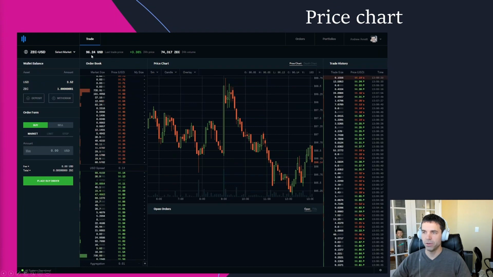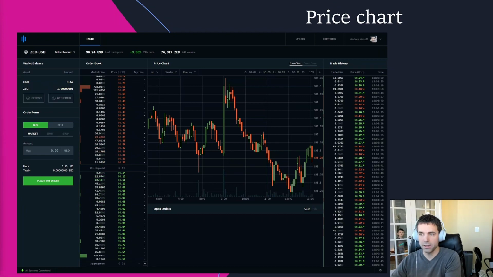So although the last trade was 96.24, the lowest offer to sell is at the moment 96.26. So it's a couple cents more than the last trade. So let's say if you want to buy, you could buy up to 51 shares in one of these frames for 96.22 or so.